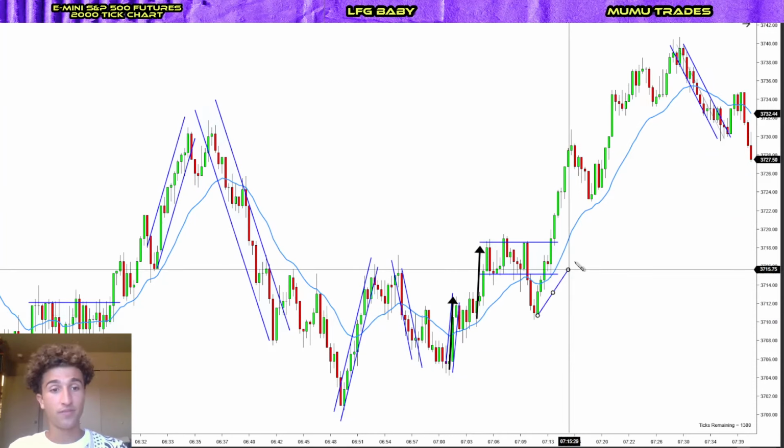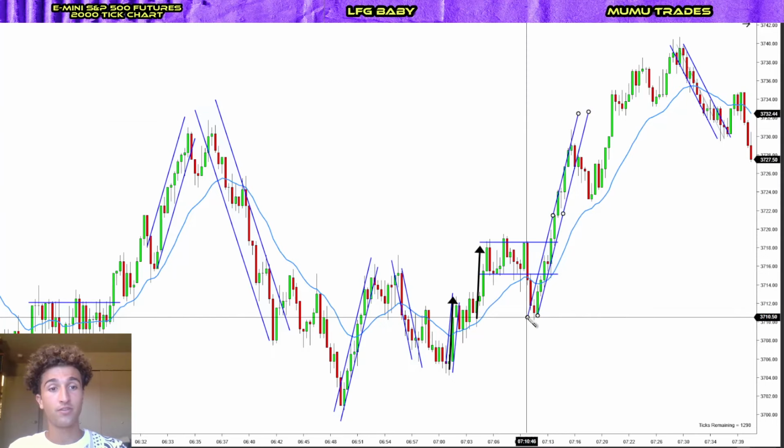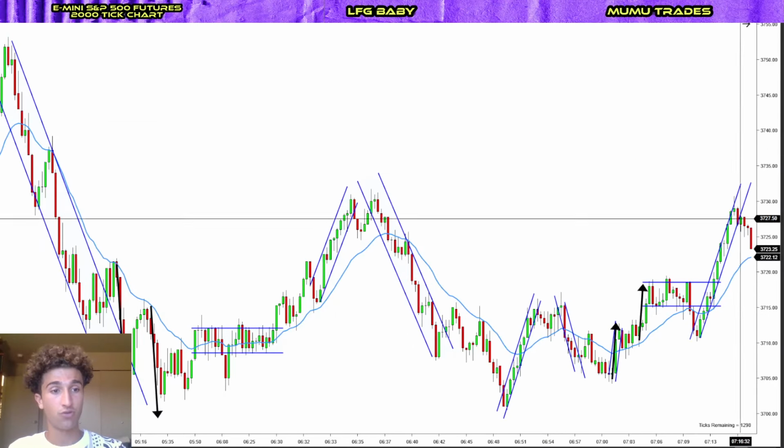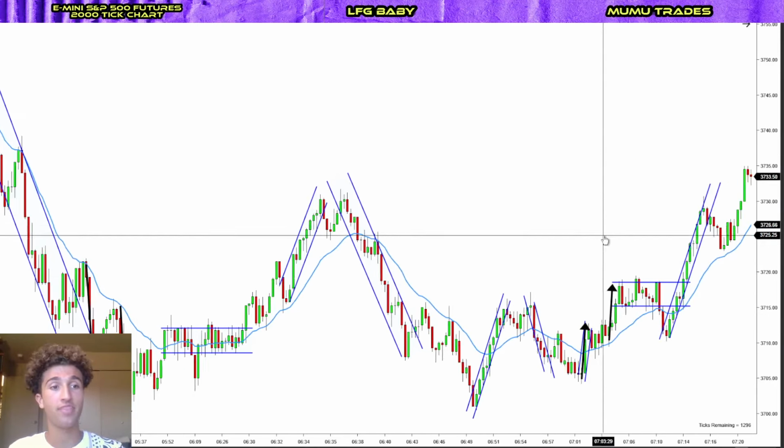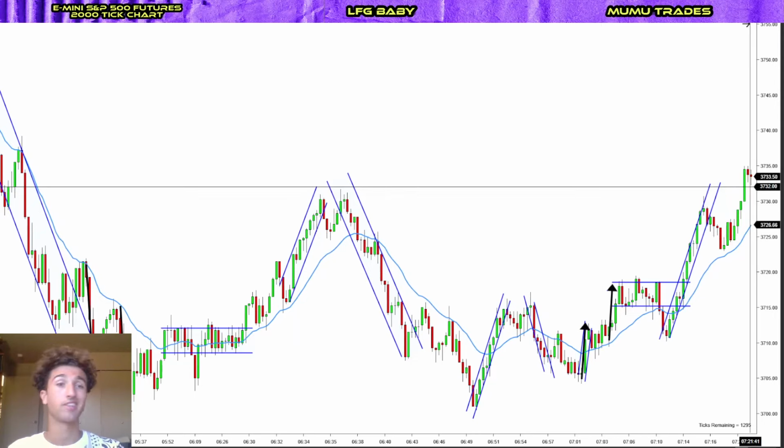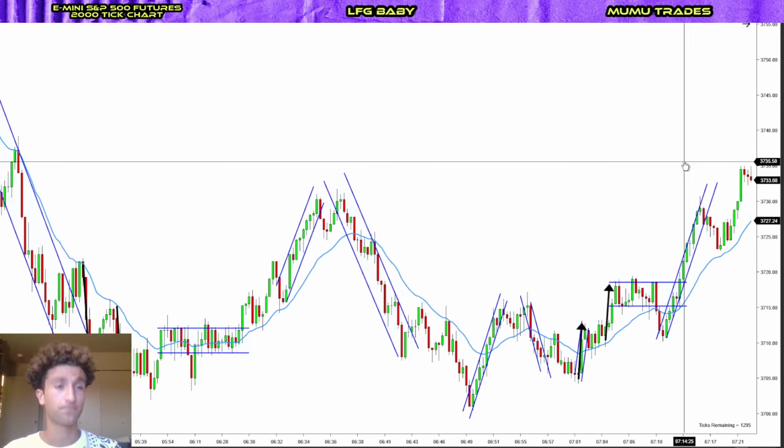Now, at this point, if you're live trading, you can see that there's a short-term uptrend and a break, and then a new extreme, signaling the uptrend might be over.